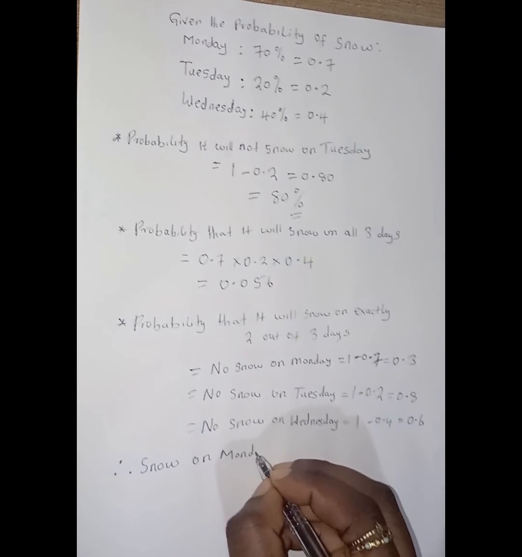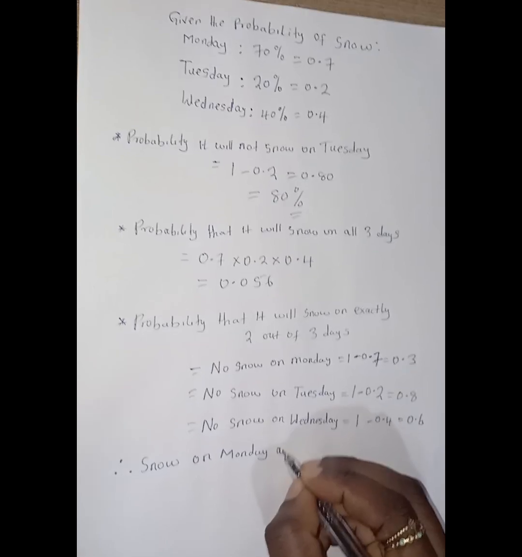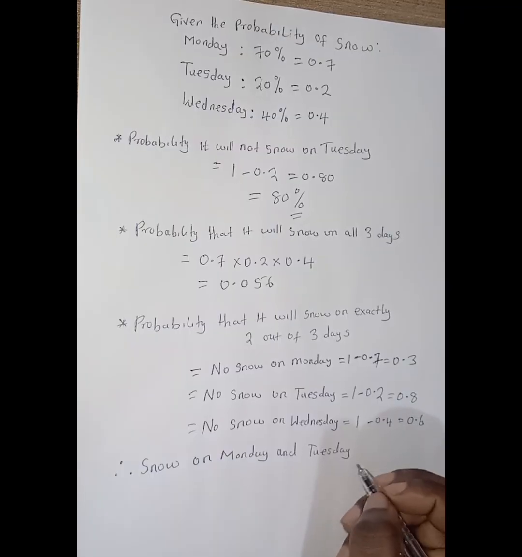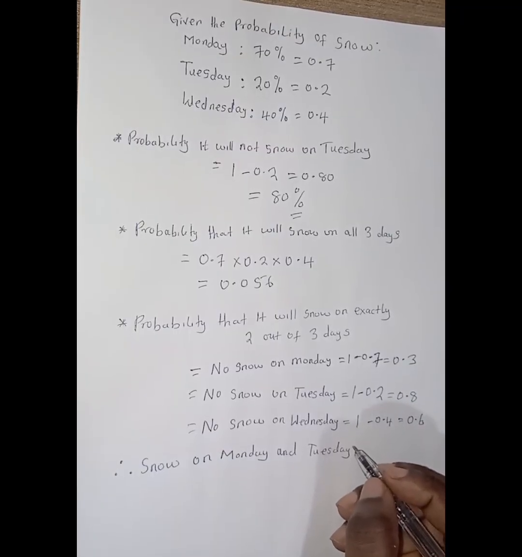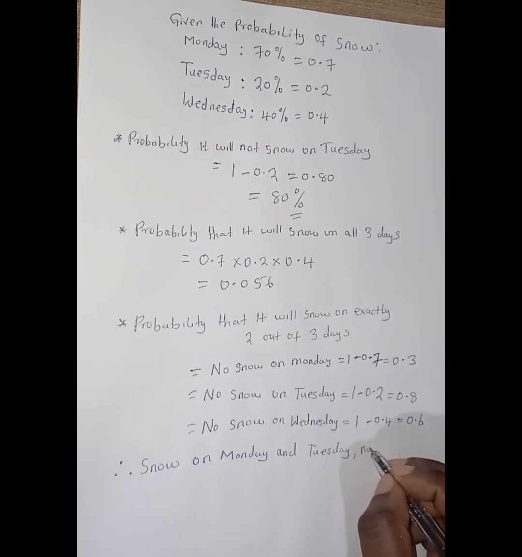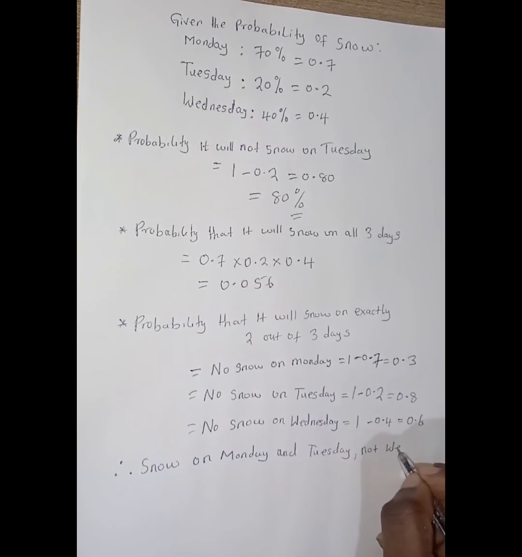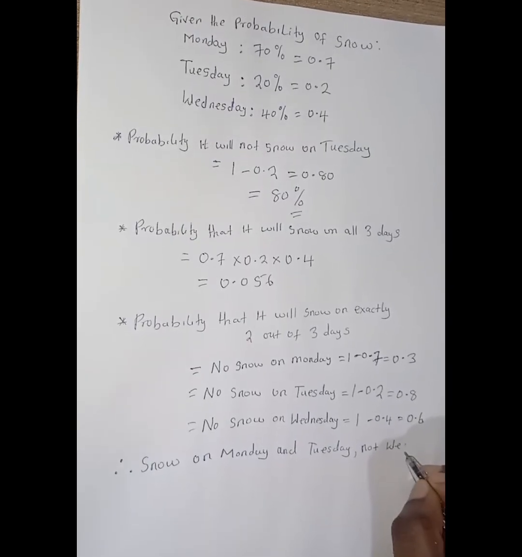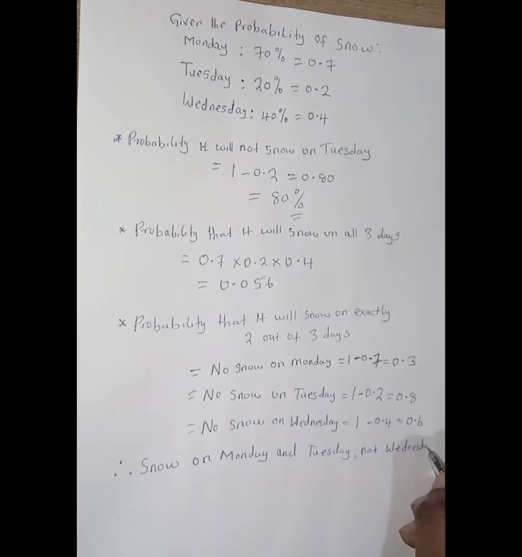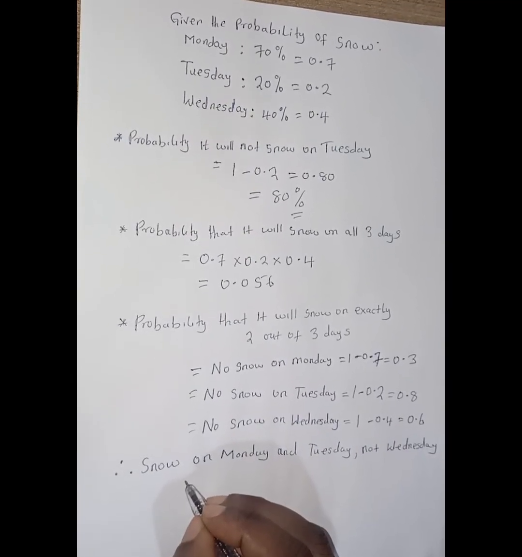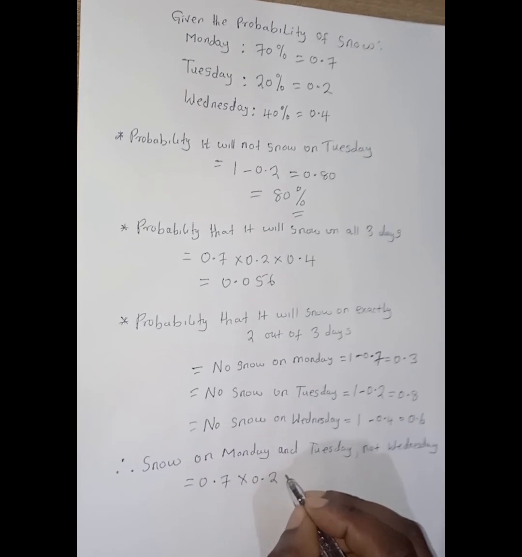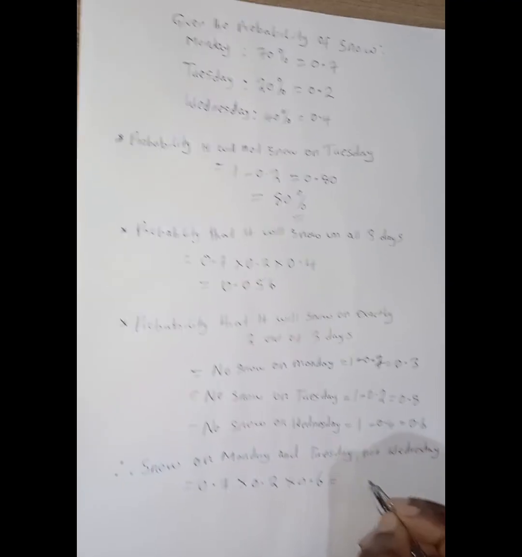First is the probability that it will snow on Monday and Tuesday, but it will not snow on Wednesday, which is 0.7 times 0.2 times 0.6.